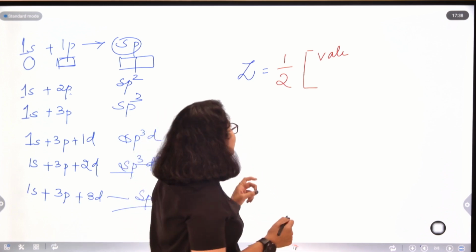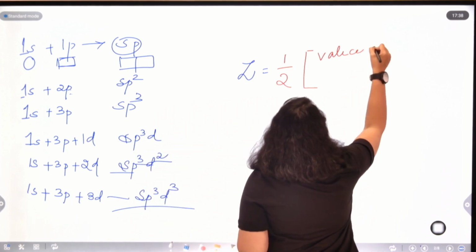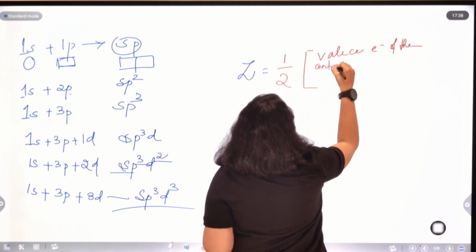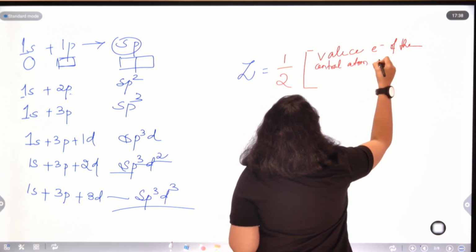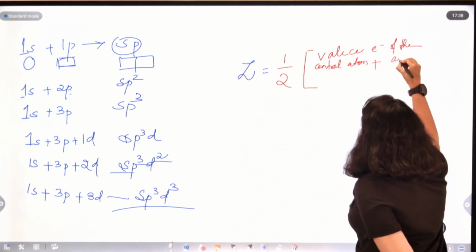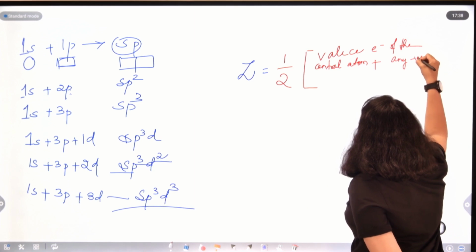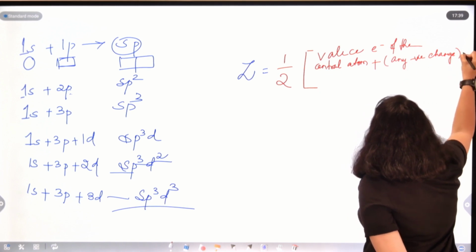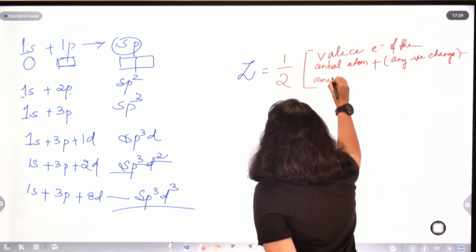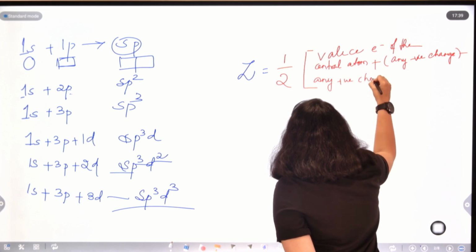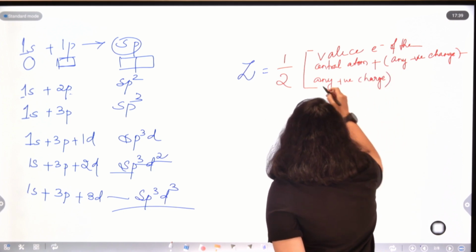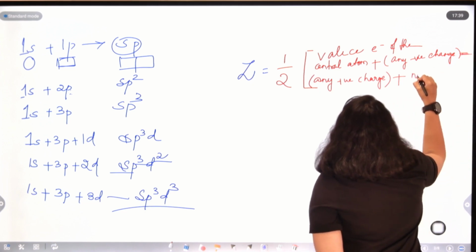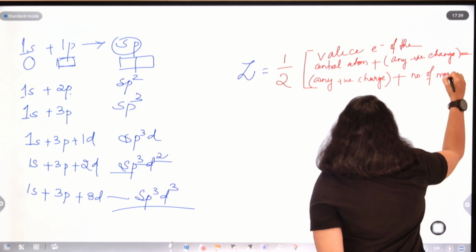So here, the valence electrons of the central atom, plus any negative charge, minus any positive charge, plus the number of monovalent atoms.